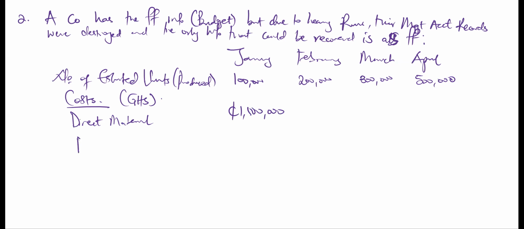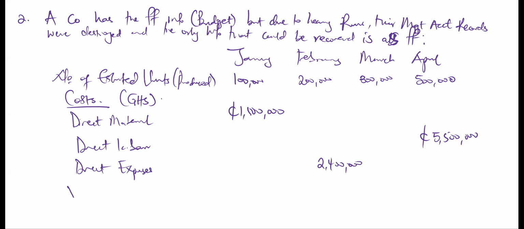And then direct labor was only available for April because their costing records have been destroyed. Direct expenses, 2.4 million. Then we have variable production costs or overheads, 1,850 million. So this is the information that we had.